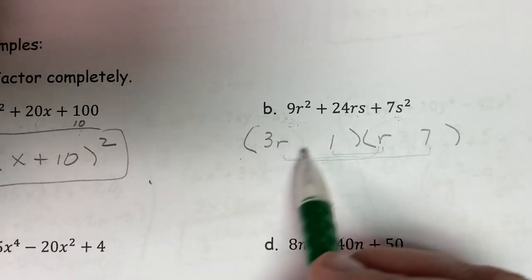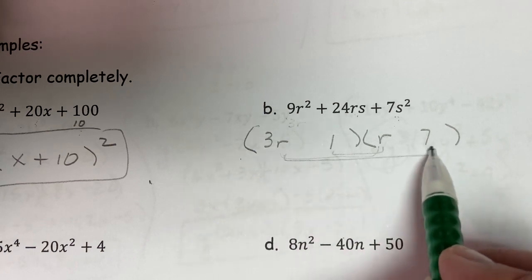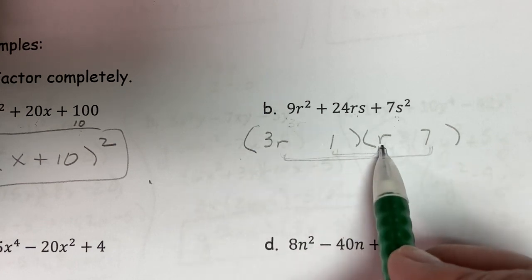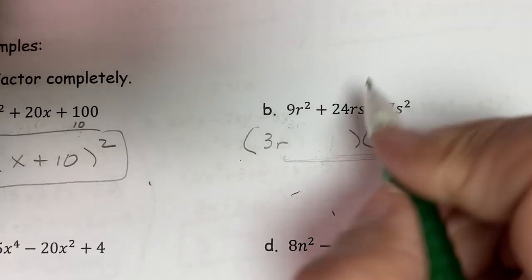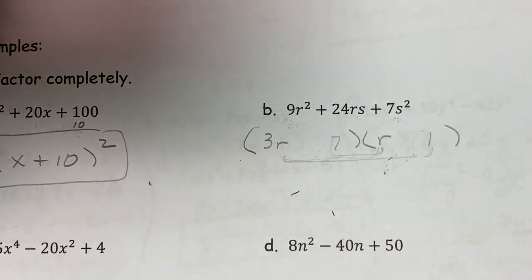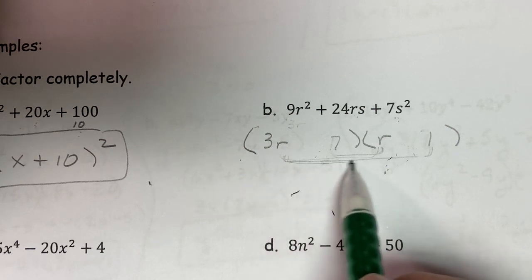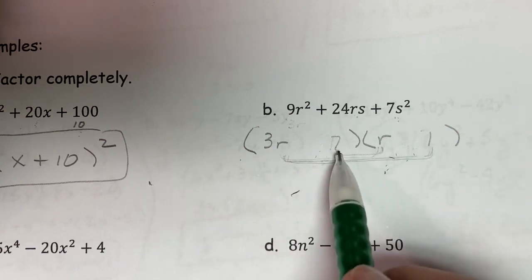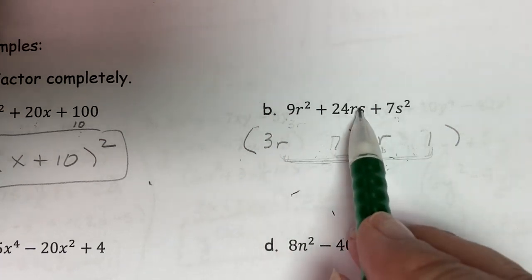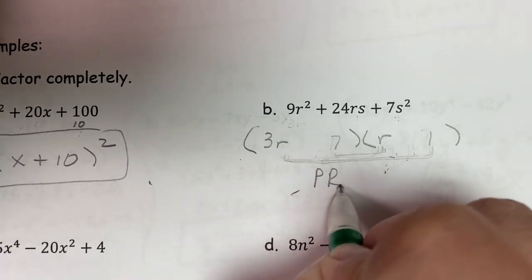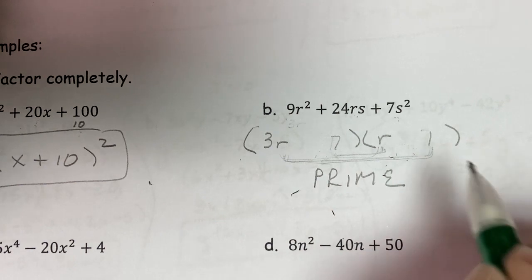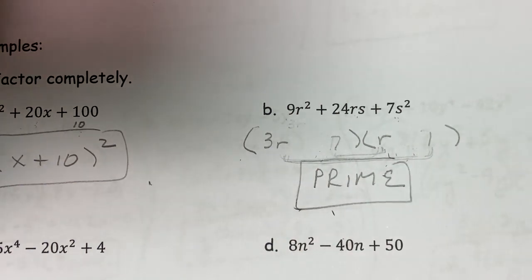Can I get a 24 out of a 21 and a 1? I cannot. What if I flip the 7 and the 1? Is that going to make a difference? Now, outside I have a 3, and inside I have a 7. Can I get a 24? I cannot. It doesn't look like it factors in any of our methods, which means that that one is prime.